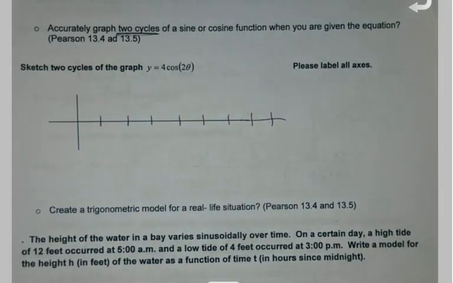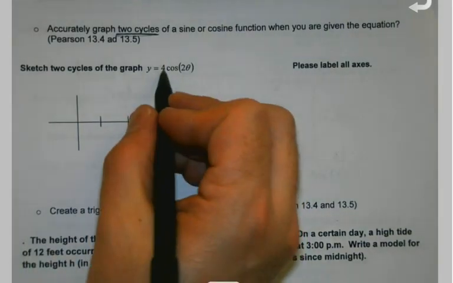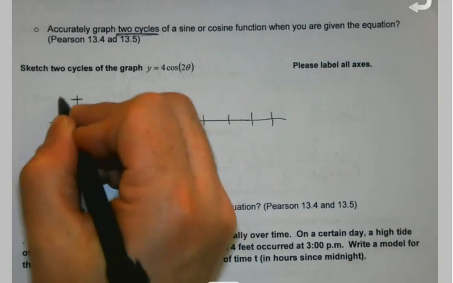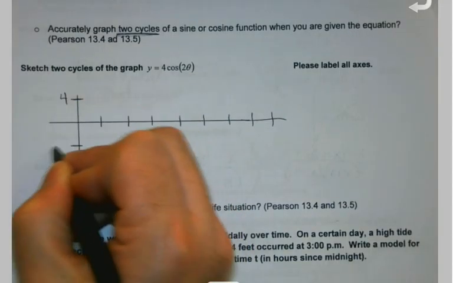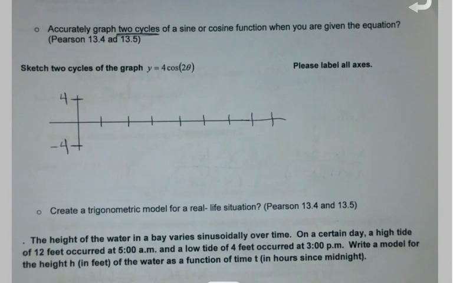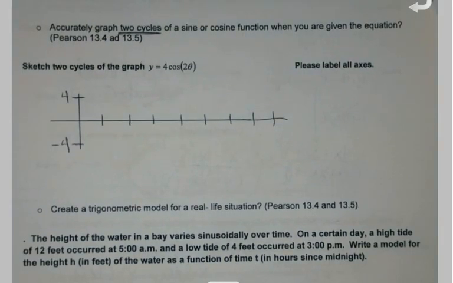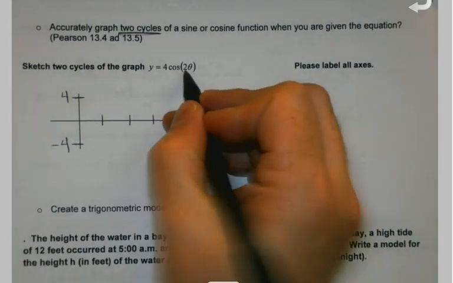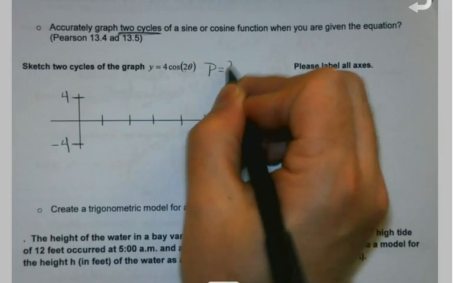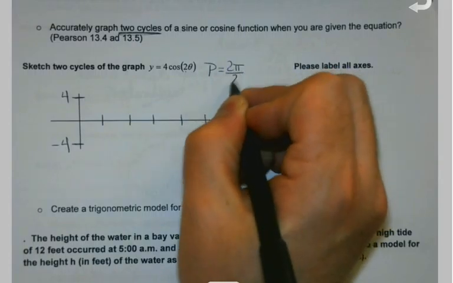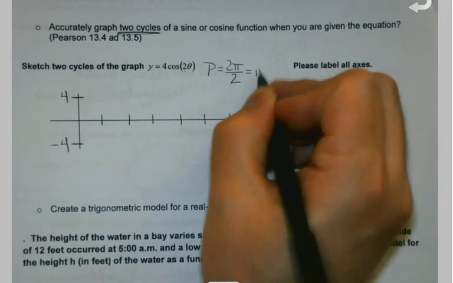Because again, we're going to do 2 cycles. We'll fix that. My a value is 4. So 4 and -4. Nope, still not time to go nowhere. So my b value is 2. So my period is 2 pi divided by 2, or just pi.